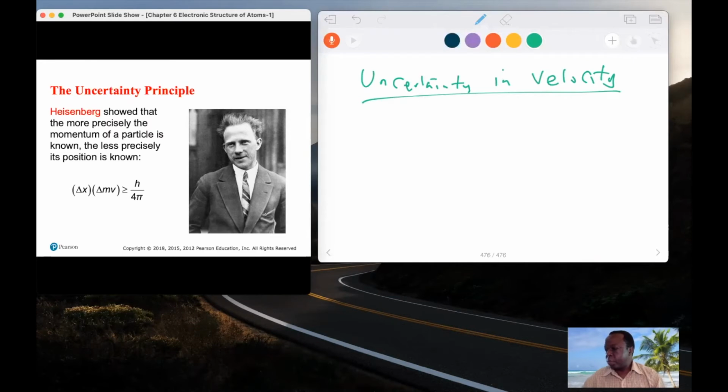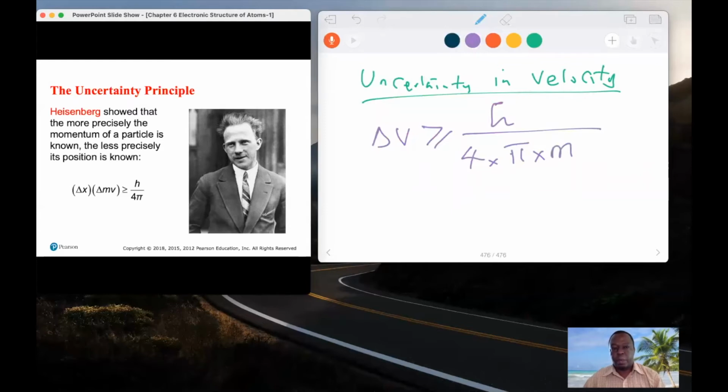We cannot know the velocity exactly: it is greater than or equal to Planck's constant over 4 times pi, which is 3.14, times mass in kilograms times uncertainty in position, which is x. So you'll be given either of them and asked to calculate the uncertainty.